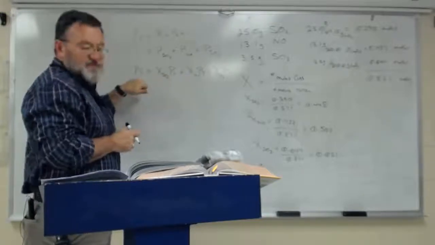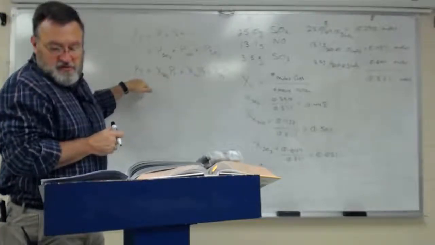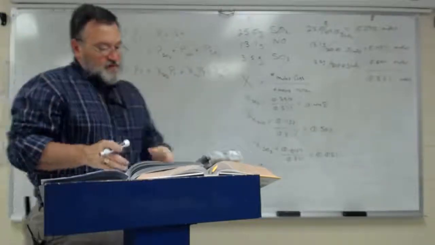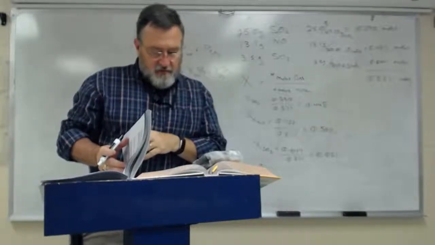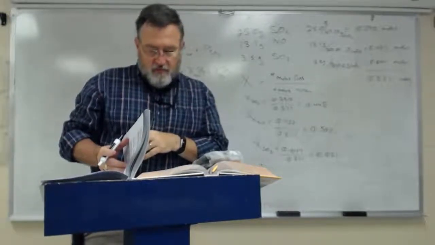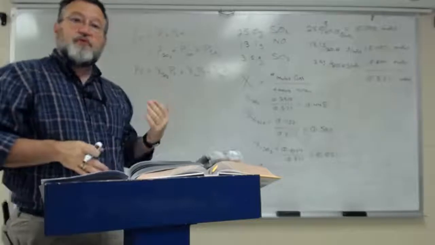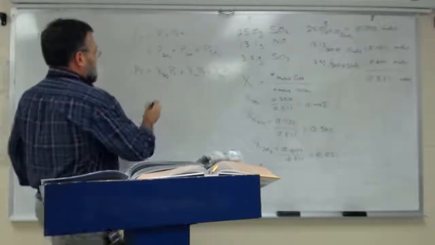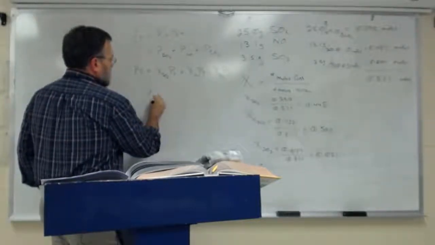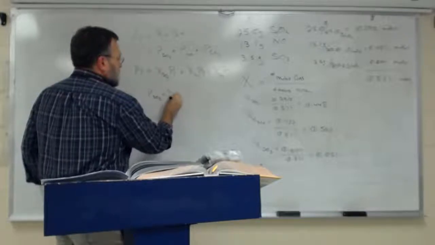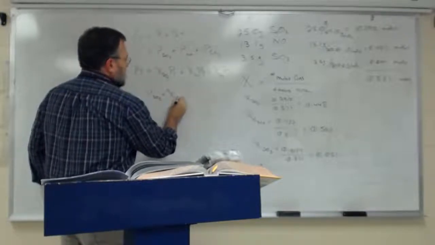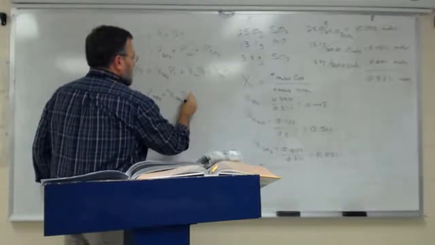Well, if my total pressure is, what do we say it was? 1.2 atmospheres is my pressure total. So my pressure as a result of the sulfur dioxide is equal to the mole fraction of the SO2 times the total pressure.